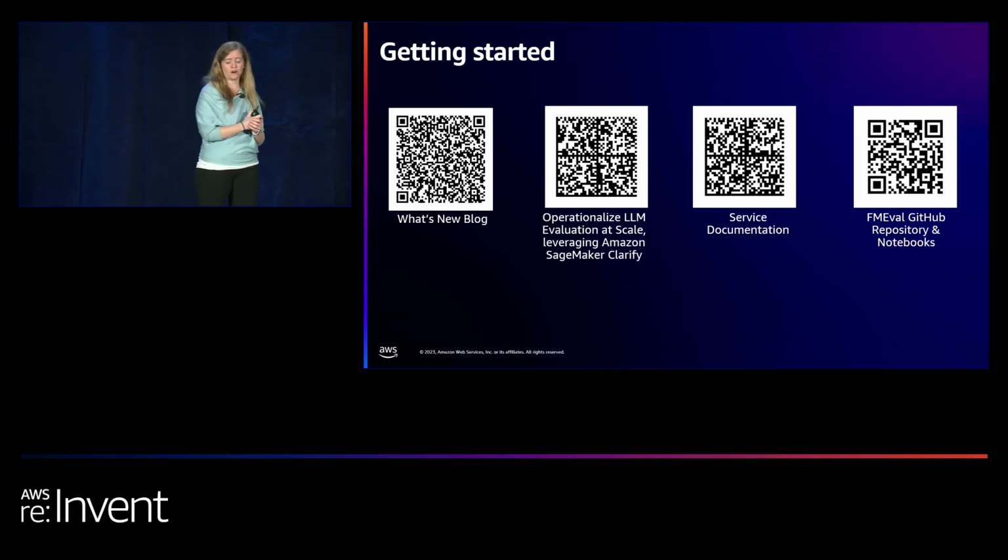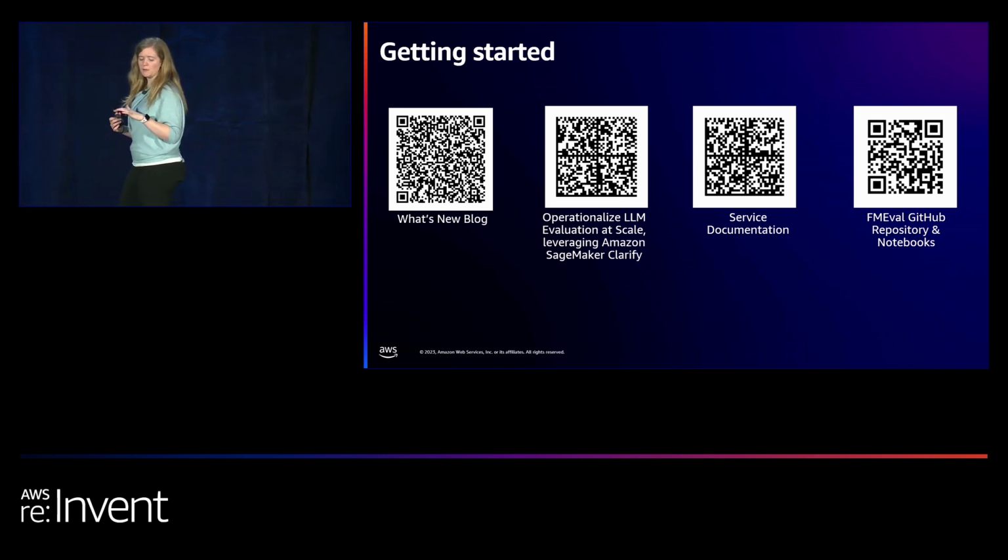The third QR code is the service documentation, so you can take another look at all of the back-end capabilities and requirements. The fourth one is the FM-eval GitHub repository and example notebooks for you to test anything and everything under the sun.